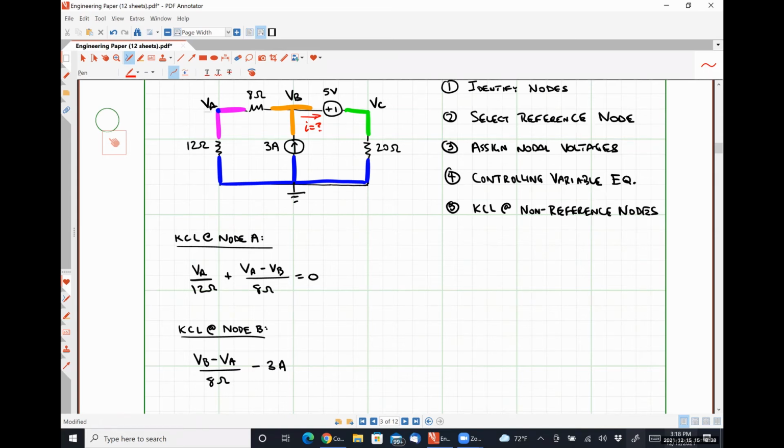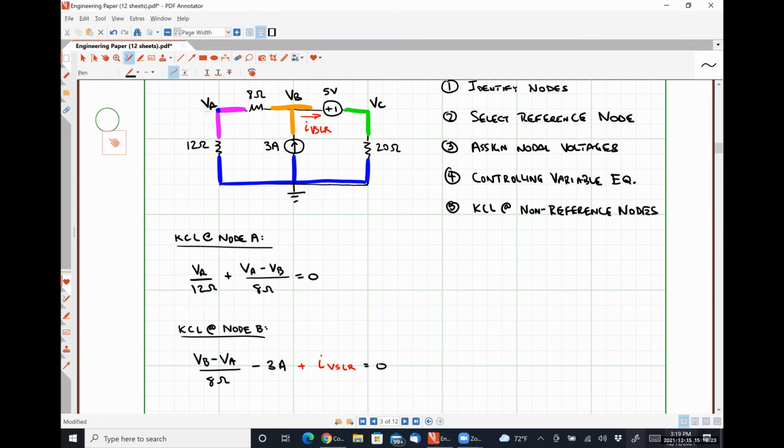There is no way that we can relate the current flowing through that 5-volt source from left to right in terms of our nodal voltages. The best thing that we could do is just call it IVS left to right. Set this equal to 0.